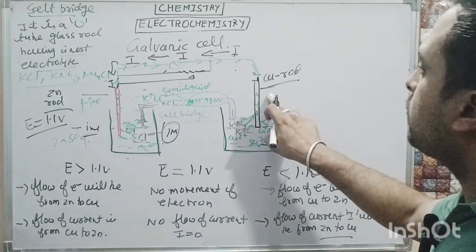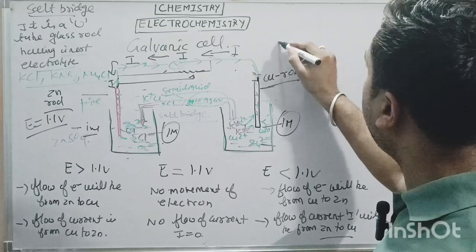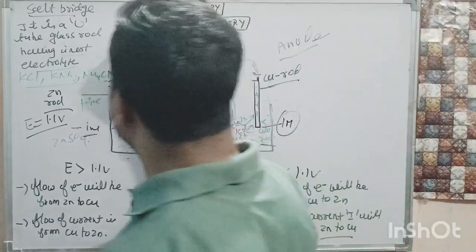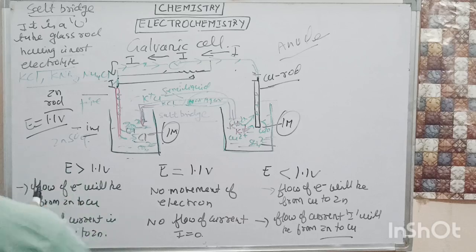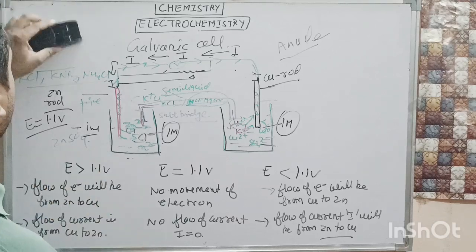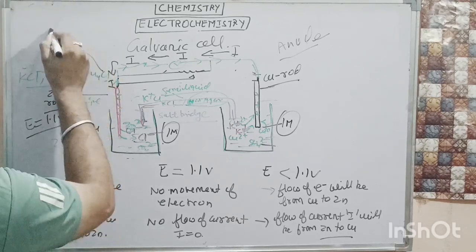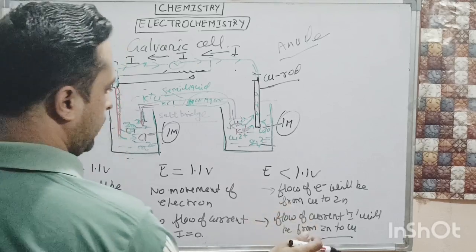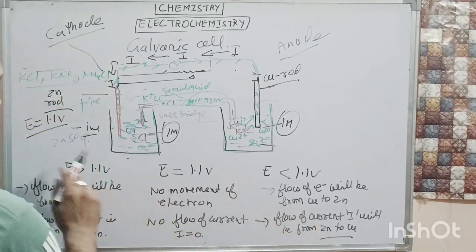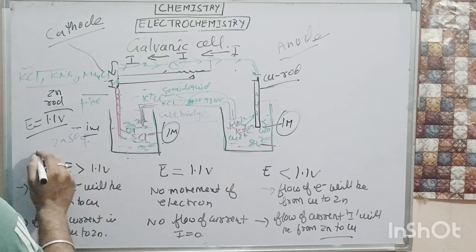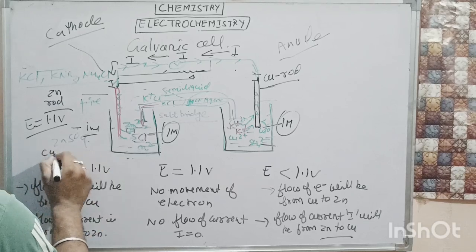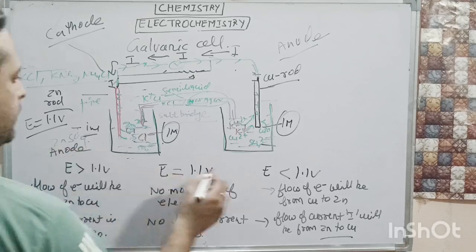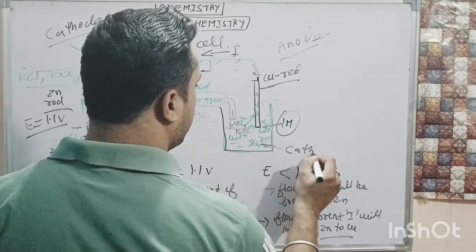This will start to behave as anode in this case, and this electrode will start to behave as cathode. Otherwise, this left side is always anode and the right side is always cathode.